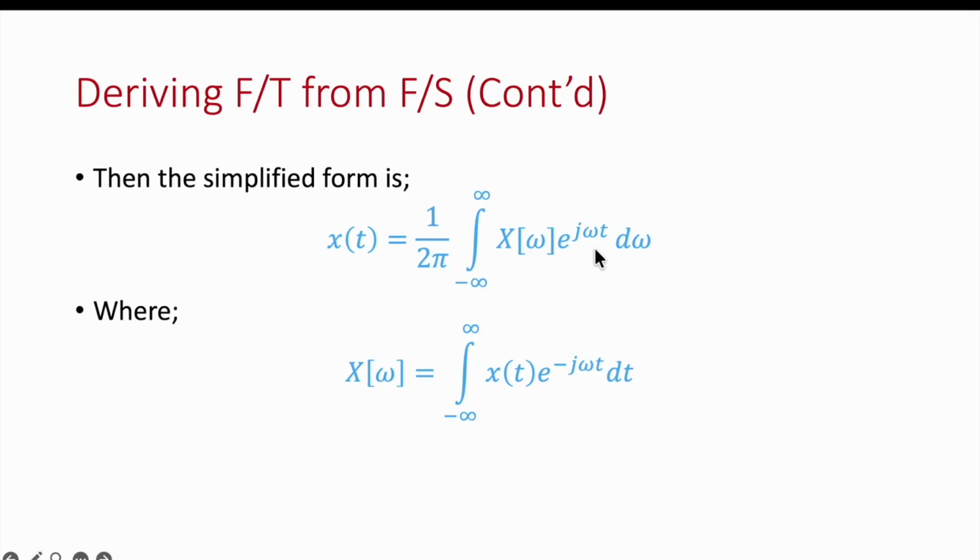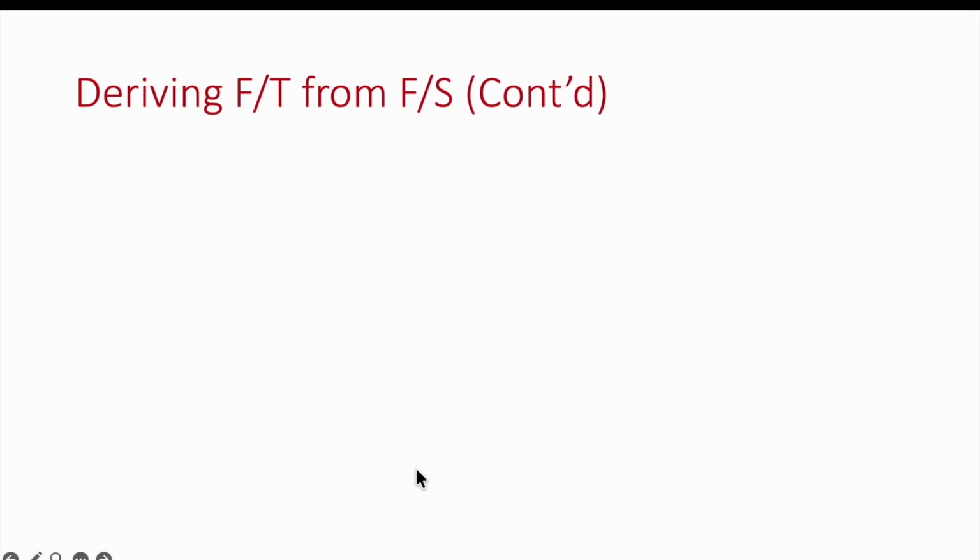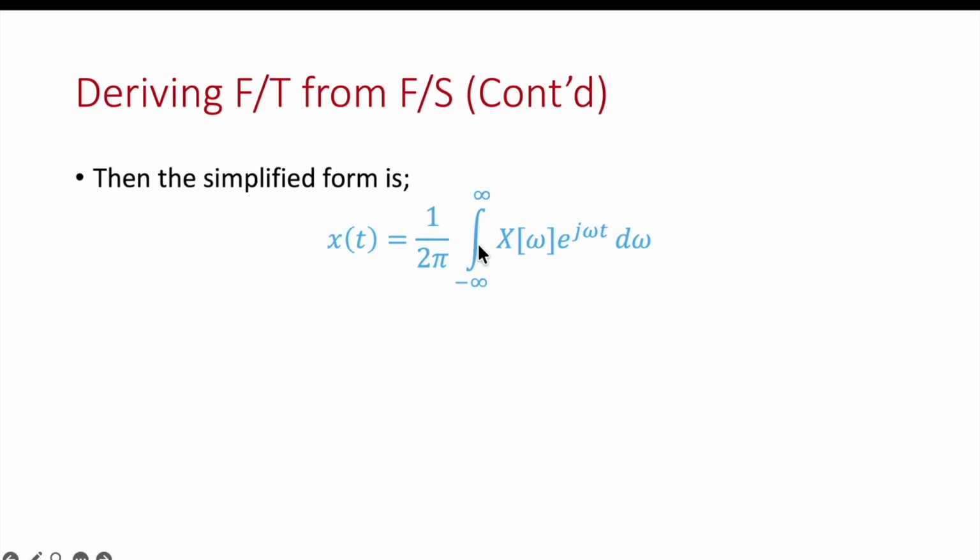Because we are converting from f domain, we are converting f into omega, and we know omega is equal to 2 pi f, and d omega will be equal to 2 pi df. So you are just simply replacing df with d omega. If you replace this df, then df will be equal to 1 over 2 pi d omega. That is why you end up with this equation.